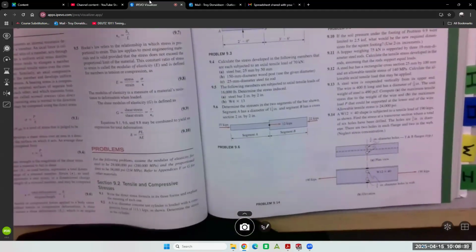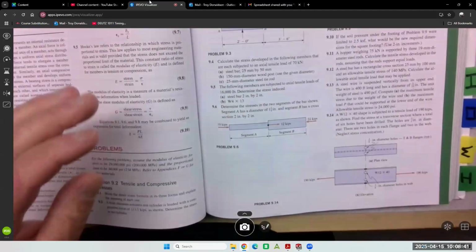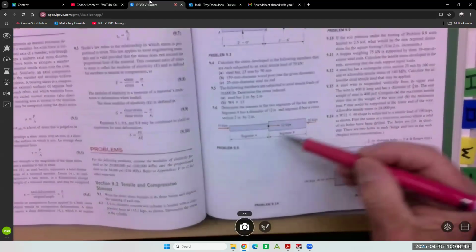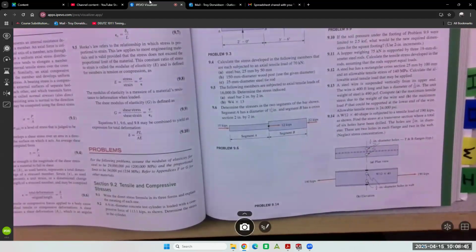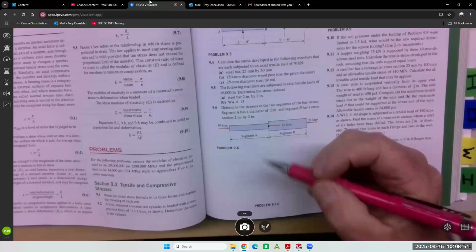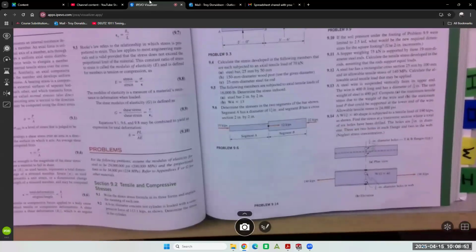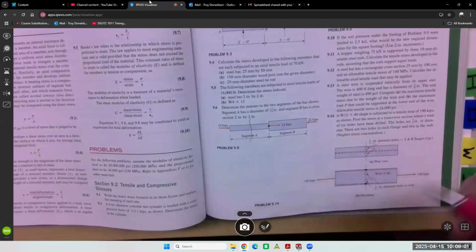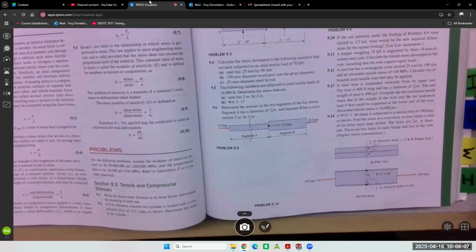So now and then statics comes into play. This was a problem where statics comes into play in that we need to know what the load is on each section of this thing. So statics told us that everything's in equilibrium. That means every little part is in equilibrium. That means you can section something or cut it, and the left side and the right side must be in equilibrium, right?